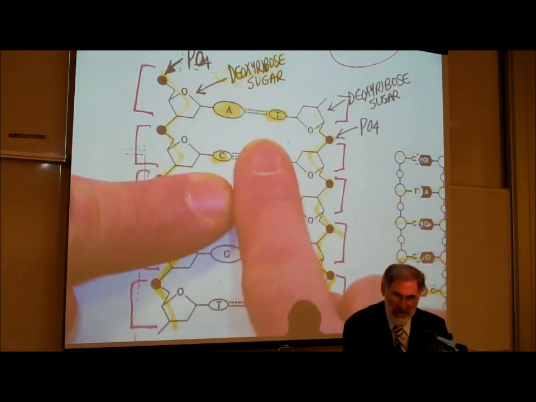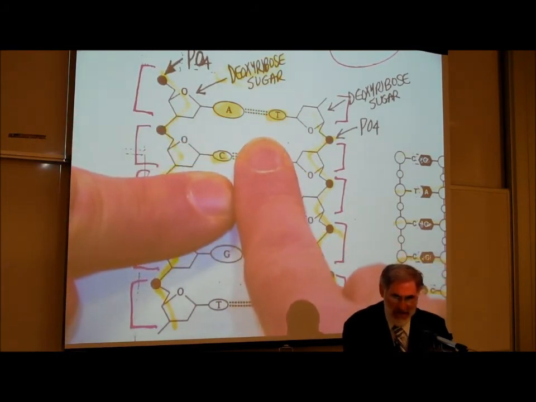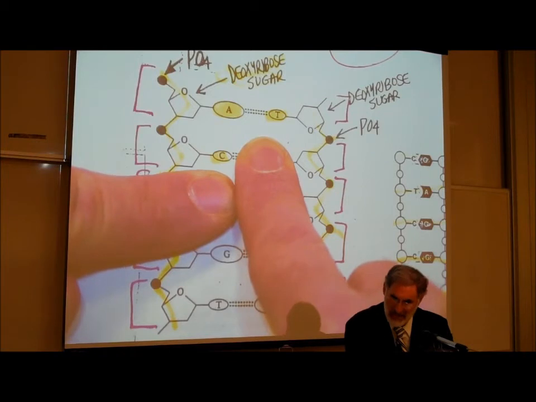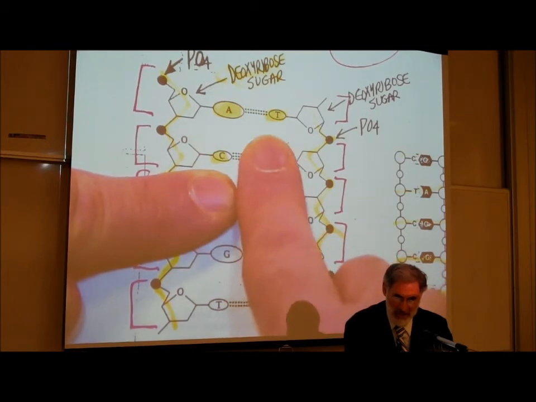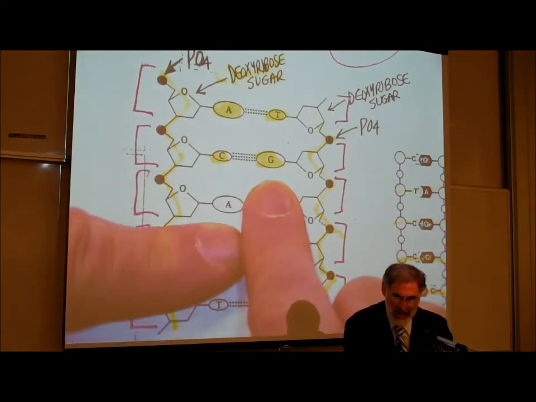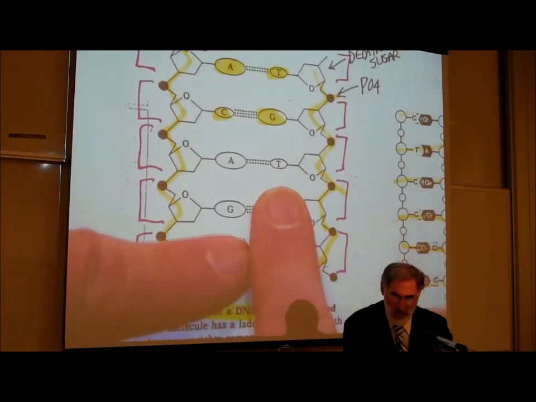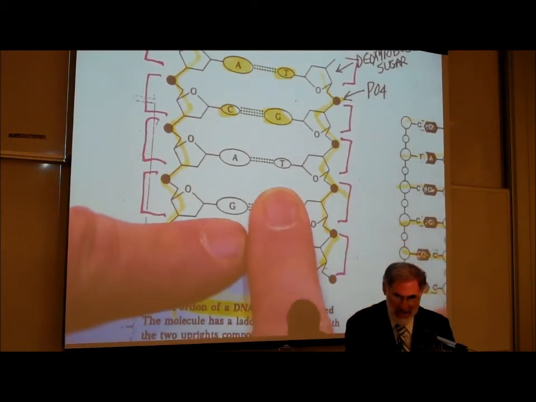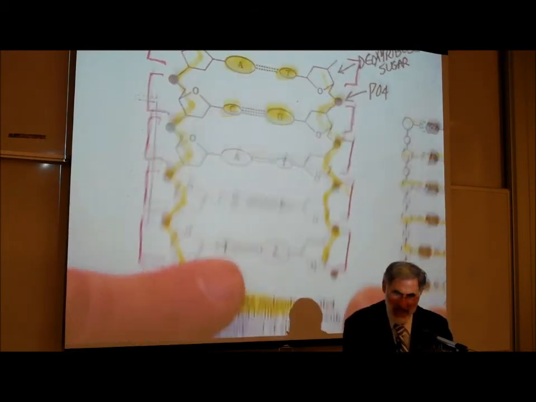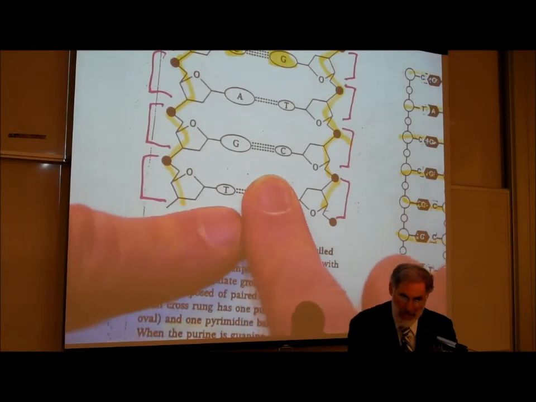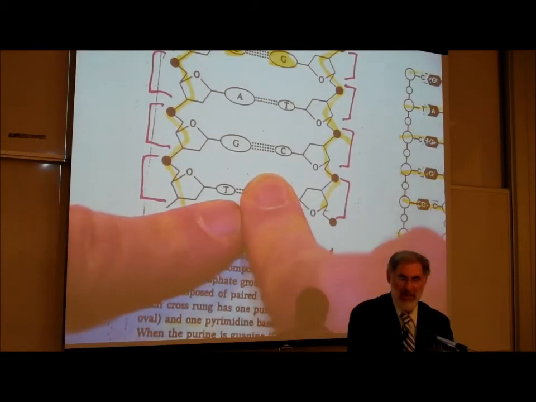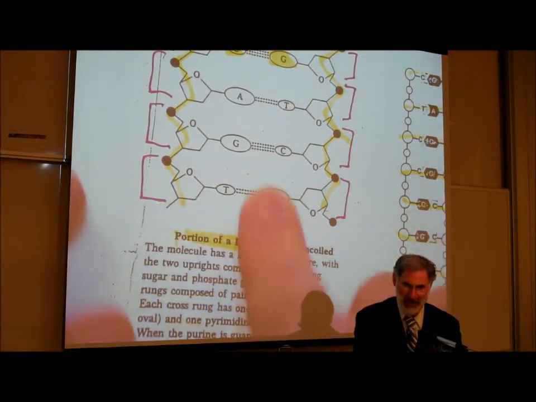Shown right below is a second DNA nucleotide with cytosine, C, the sugar deoxyribose, not ribose, and there's the phosphate attached. And right below that, another adenine with a deoxyribose sugar and a phosphate attached. And below that, a G for guanine attached to a deoxyribose sugar and a phosphate attached. And below that, a thymine, T, attached to a deoxyribose sugar and a phosphate attached.